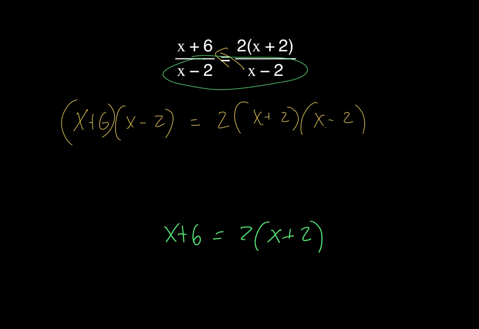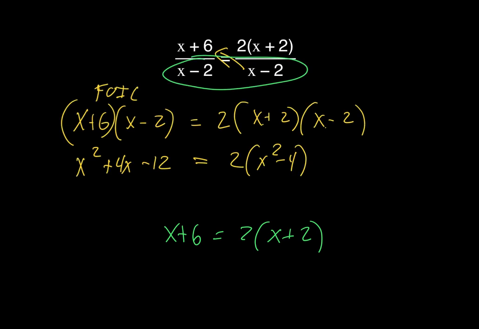In the yellow up here, I would have to do FOIL before I could solve this problem. And on the right side, I'd have 2 times x squared minus 4. And then keep working through that problem using the quadratic formula.